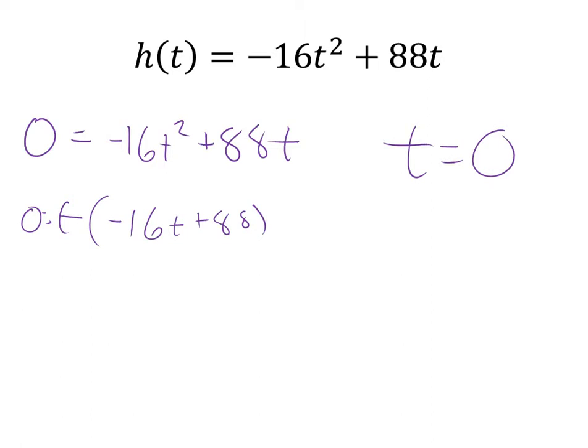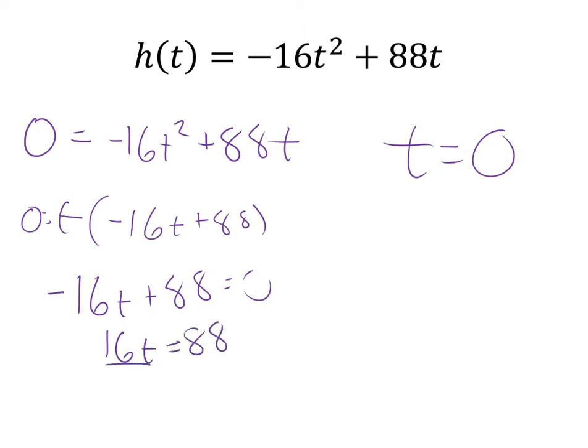Now for the next one, we'll take the negative 16t plus 88, set it equal to 0, and solve. That gets us 16t equals 88, divide by 16, and t equals about 5.5. That means 5.5 seconds after he hits it, it hits the ground.